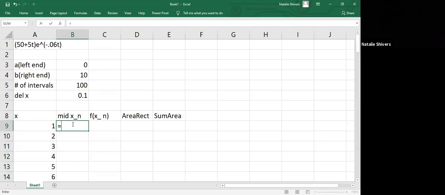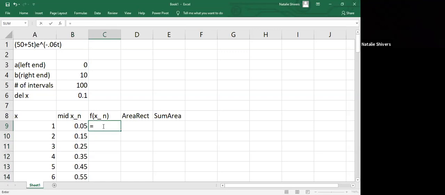For the mid x sub n, again, we're not doing right-hand sums anymore, only midpoint sums. So we're going to do the left end, which is B3, plus A9 minus half of it, so we're in the middle, times delta x, which is B6. Quick fill down.